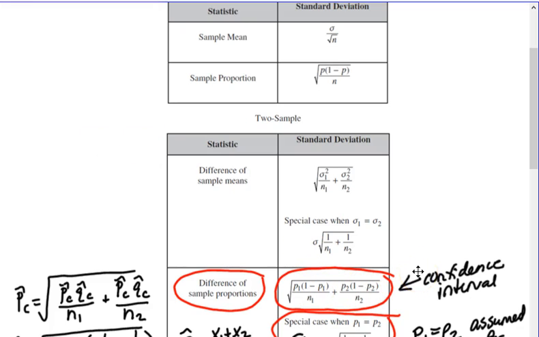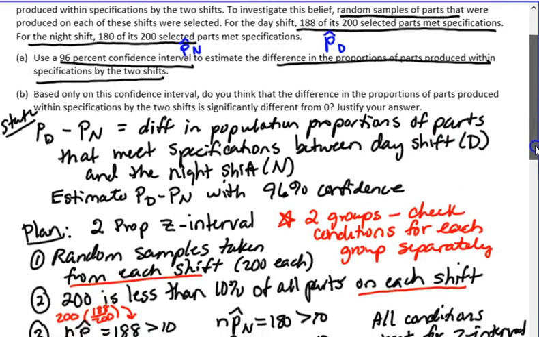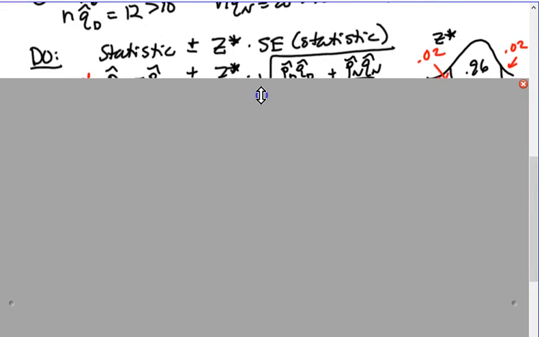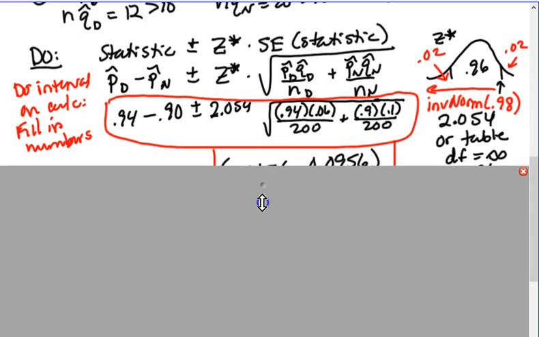If this is the standard deviation, p times 1 minus p over n is equal to the variance. The standard deviation squared equals the variance. I just wanted to remind you of that from the previous chapter. So back to here. We have the statistic plus or minus our z critical value times the standard error of the statistic.